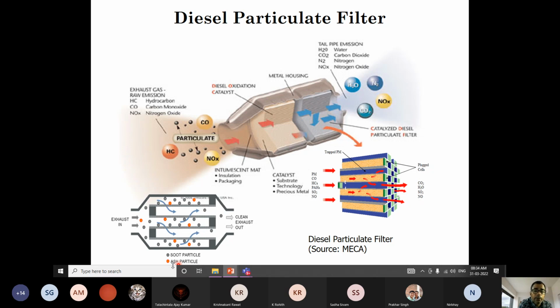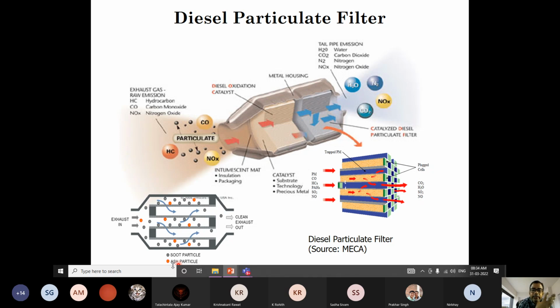If you remember, when I was discussing the common rail direct injection system, I touched on one point: the multiple injection system. It means you can inject more than once in a cycle. Depending upon the capability of the hardware and the control system, you may inject 2, 3, 4, 5 times in a cycle.